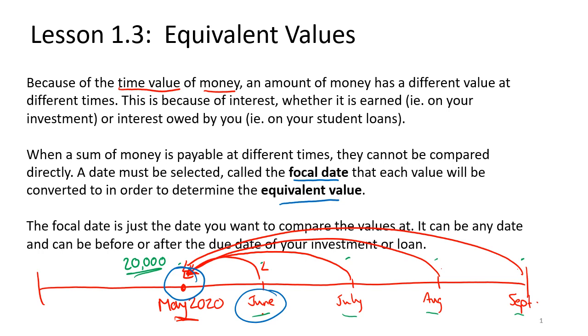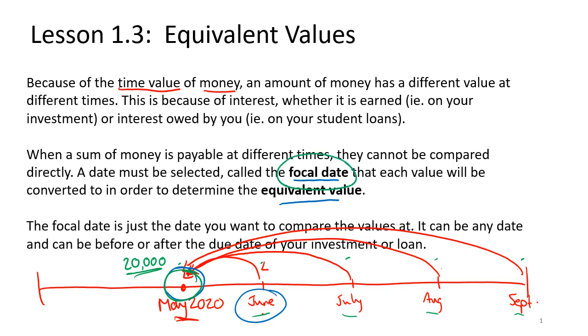It's worth $20,000 now. It'll be worth more in the future as it collects interest. So that overall is what we're talking about here. It's all about finding a specific day and translating all the different money periods that you have or investments you're making to a certain point known as the focal date.